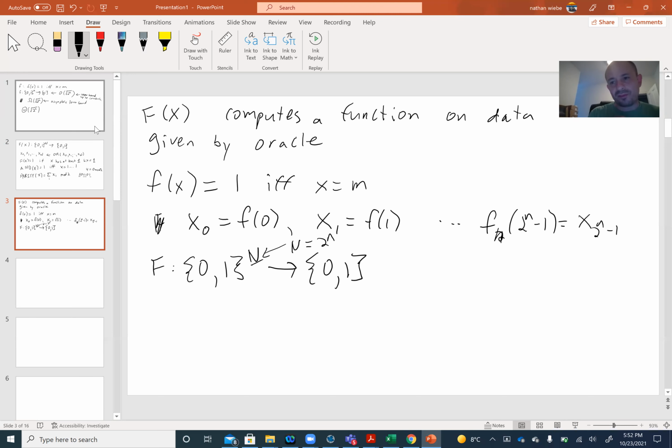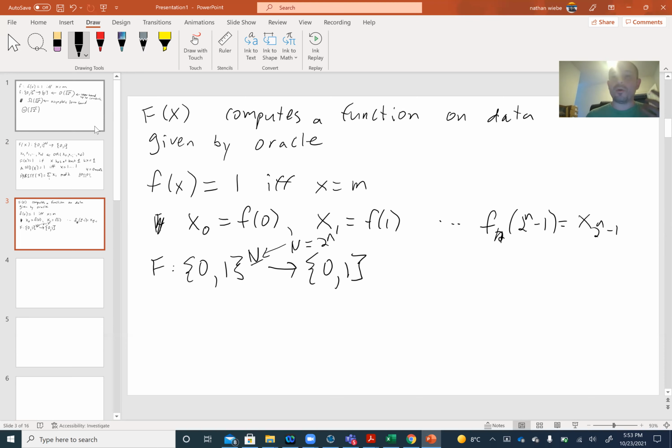For all of the cases that we're talking about, because the decision problems we want to do will be on data coming from our oracles, this value of N is going to be 2^n because there's going to be a total of 2^n possible queries that we can make to our oracle. And the function in principle just computes a function of any and all of that data that we could provide. Our goal is to figure out the minimum number of times we'd have to query this in order to figure that out.